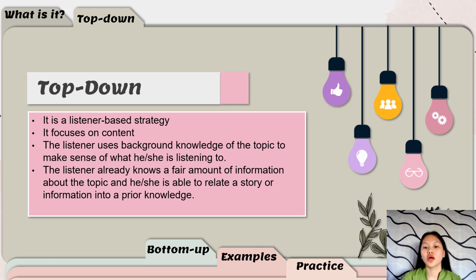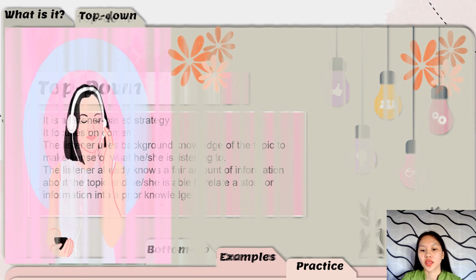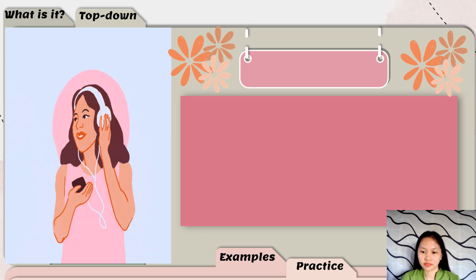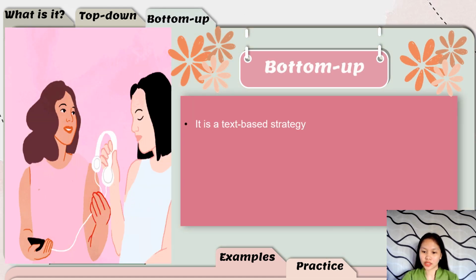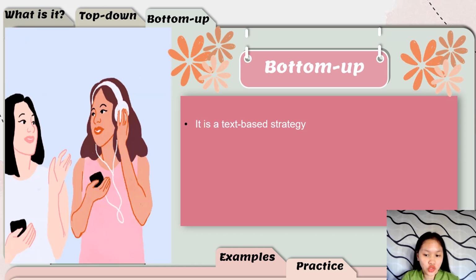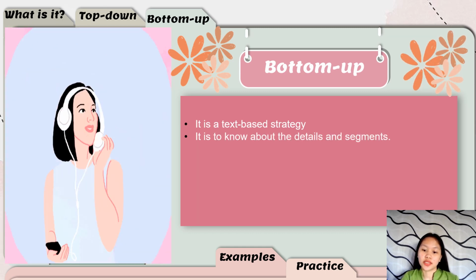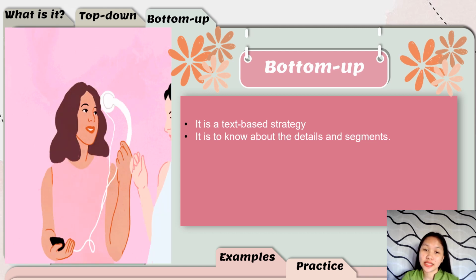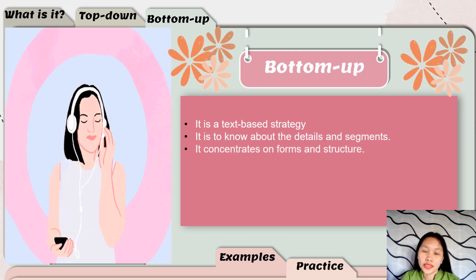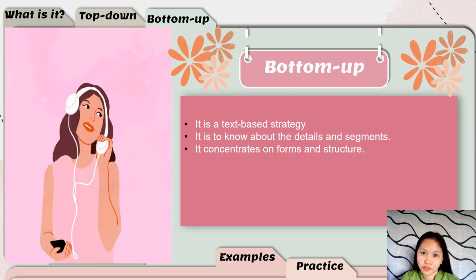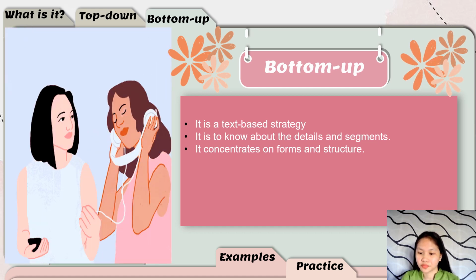And now let's move on to the second strategy, which is bottom-up strategy. It is a text-based strategy. It is to know about the details and segments, or the specific details of a text.